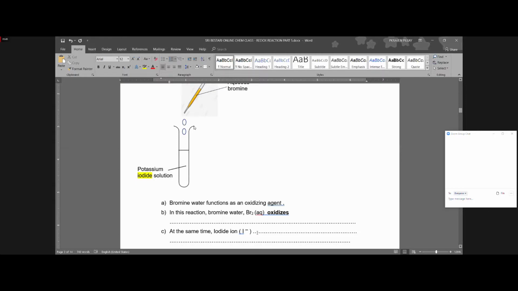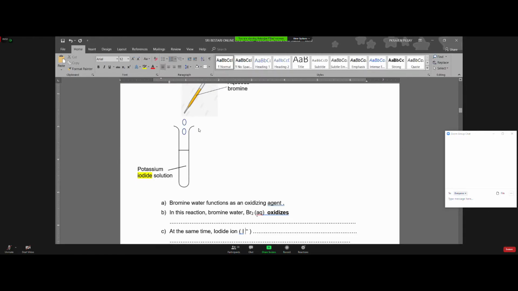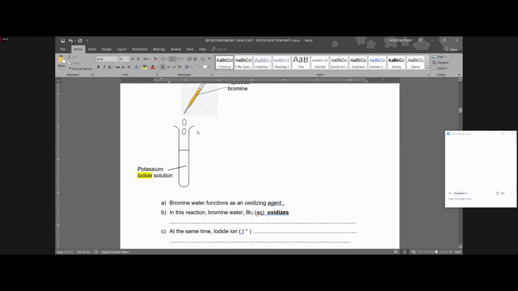Iodide ions will reduce bromine to become bromide ions. Bromine is oxidizing agent, it becomes reduced to become bromide ion, Br minus. That's why you put in words.